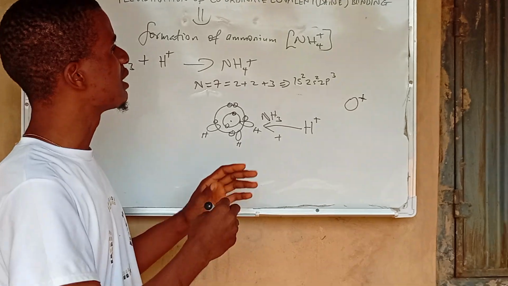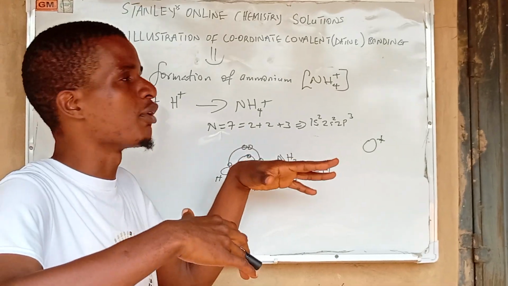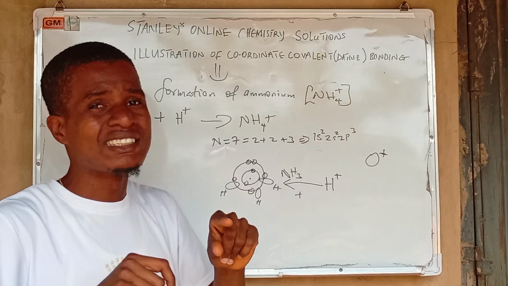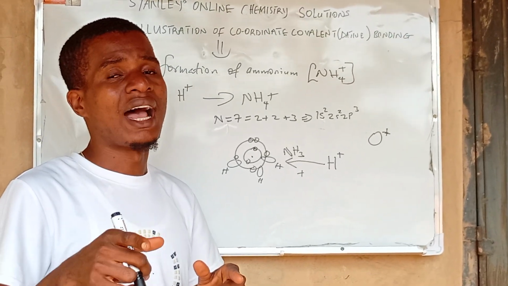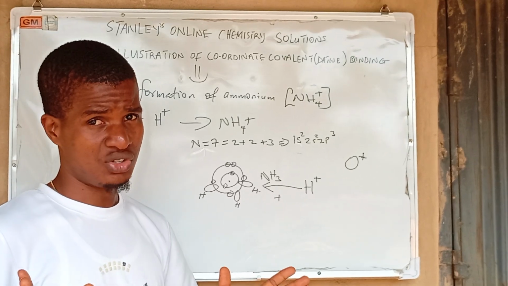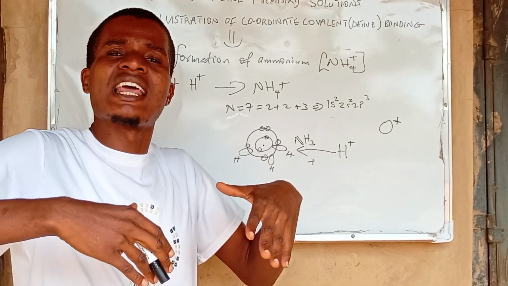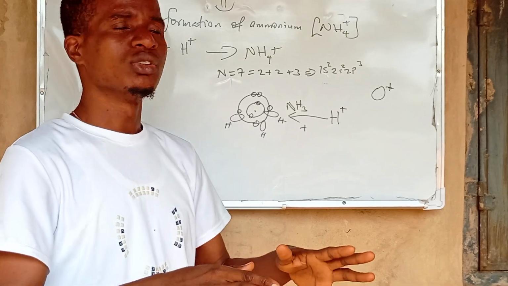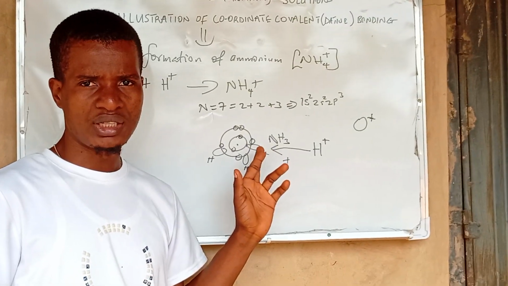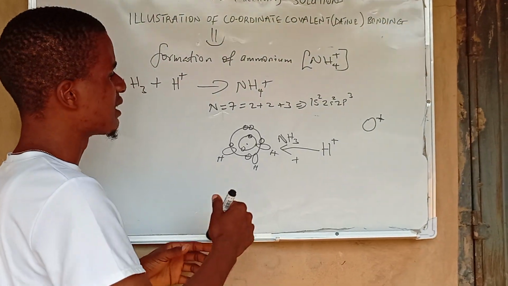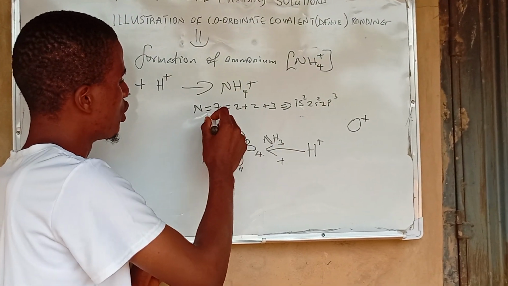So when you now see NH4, you can boldly write 4 hydrogens because the fourth hydrogen is now acting as an atom, no longer as a proton, right? It is acting as an atom because it is legally bonded and shared to the 2s2 orbital of the nitrogen.